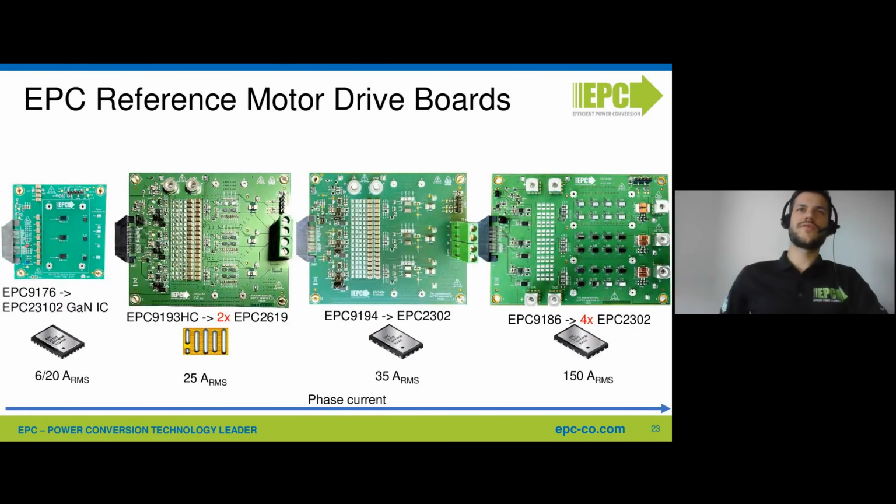So we have already seen at the beginning a little of a landscape of the reference design boards. They are all found on the EPC website. There is a page dedicated to motor drive applications, and you will see the gallium nitride EPC device related to each board, and you will also see the documentation related to each one of the boards.